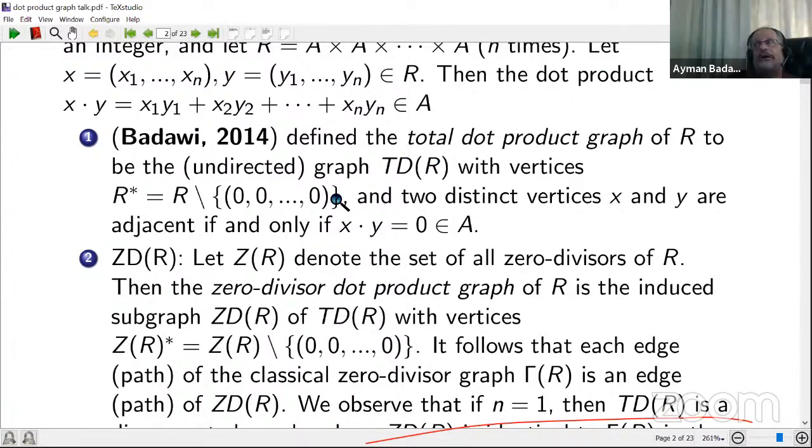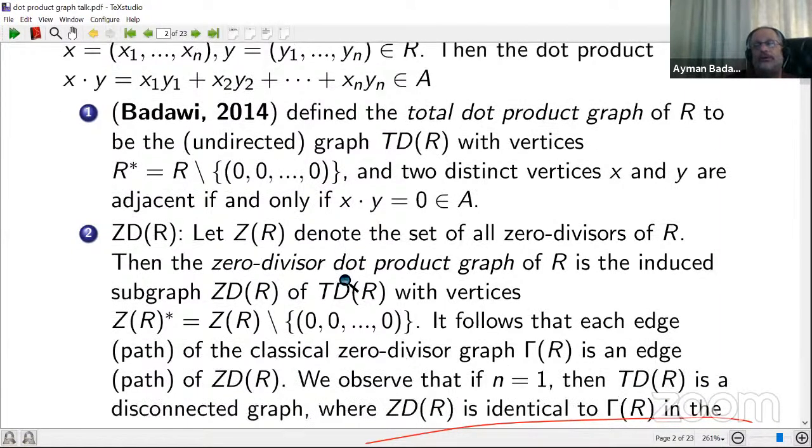So that's the set of all zero divisors of the ring R. And then you take Z(R)* to be the set of all zero divisors of the ring R, take away 0.